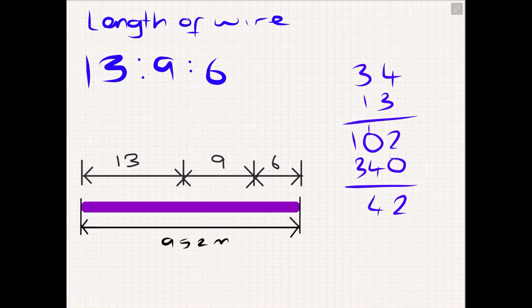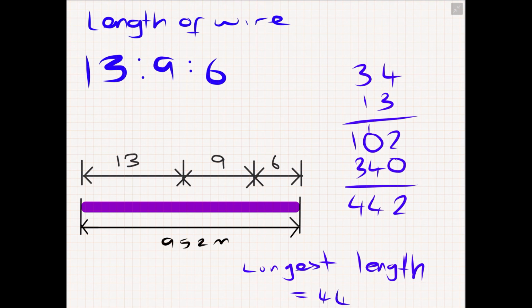And 1 and 3 is 4. So our longest length equals 442 meters. And that is the problem.